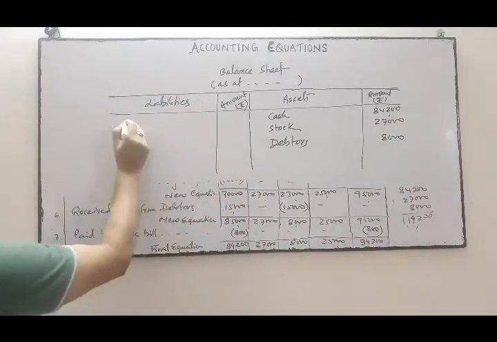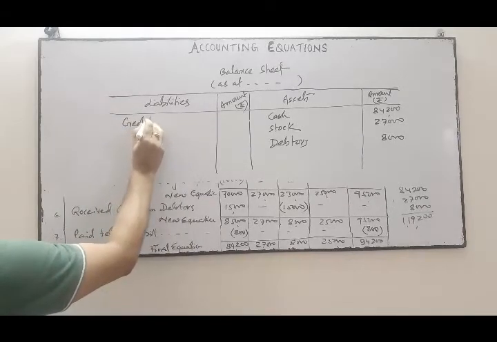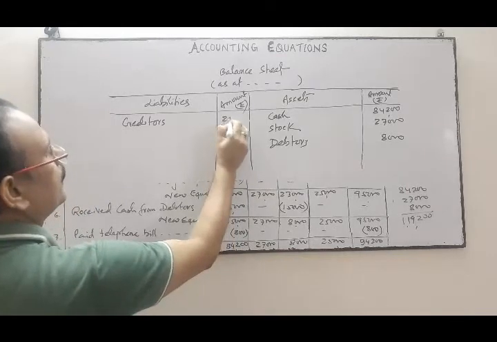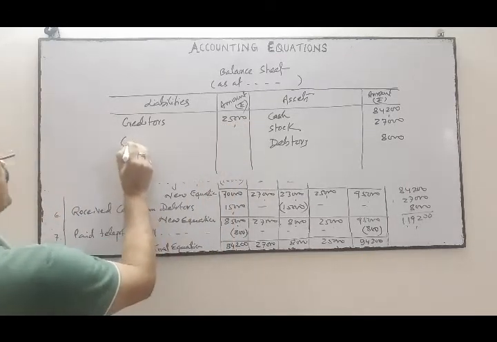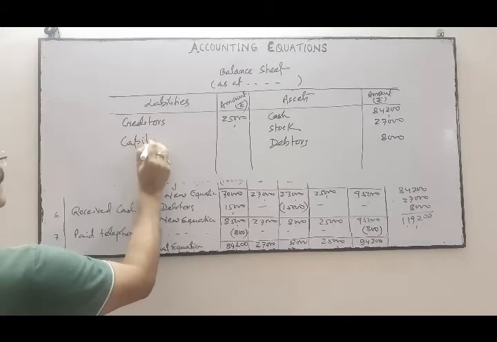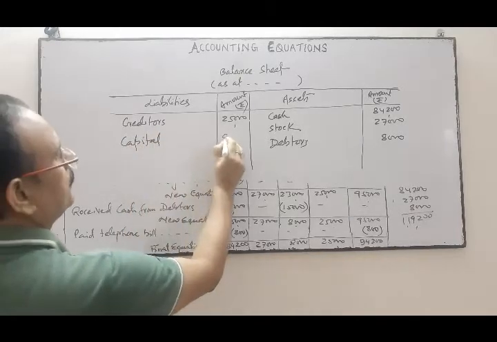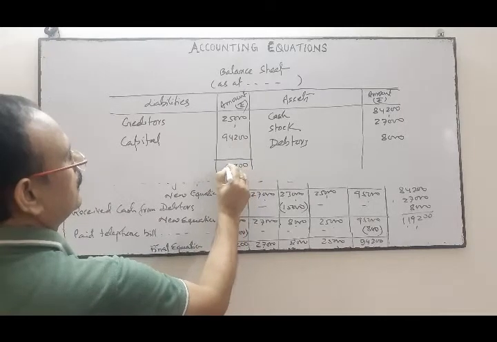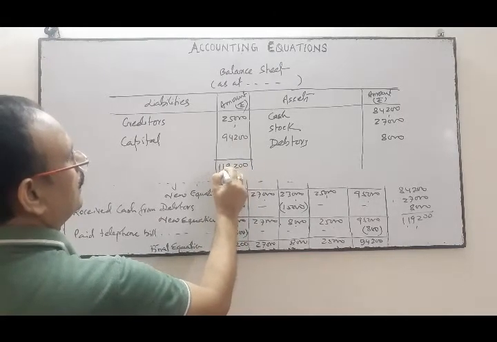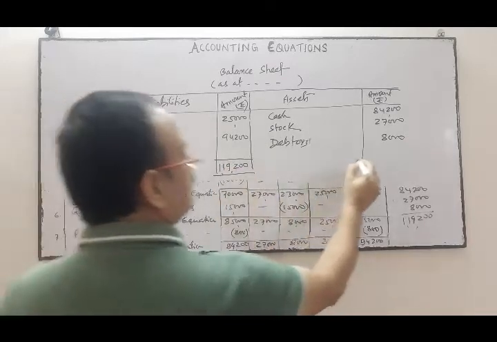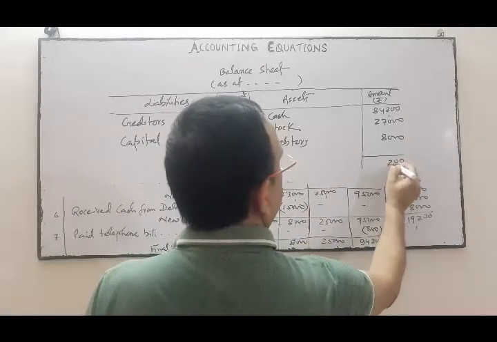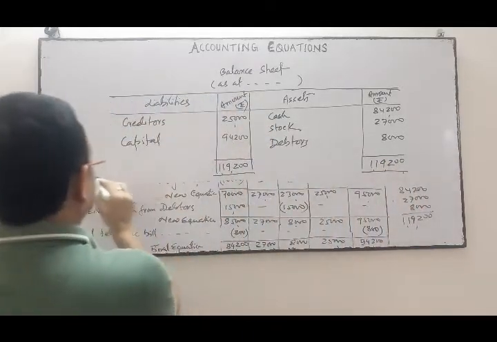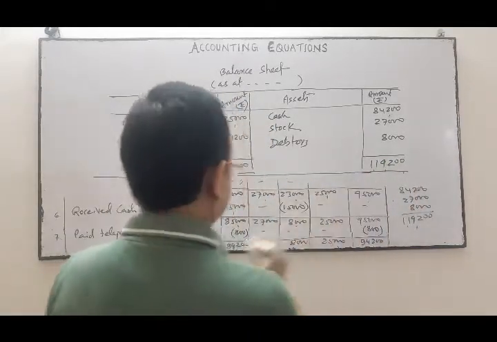On the liability side, the external liability, your creditors, is 25, whereas your capital, which is also known as internal liability, is 94,200. So we do the total: 1,19,200 on both sides. So this is your balance sheet.